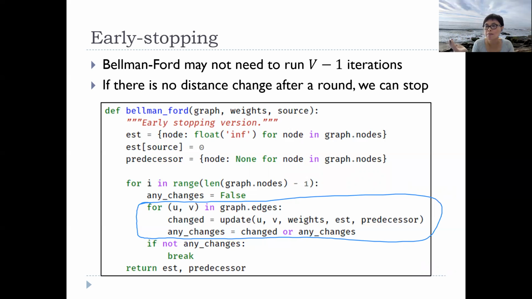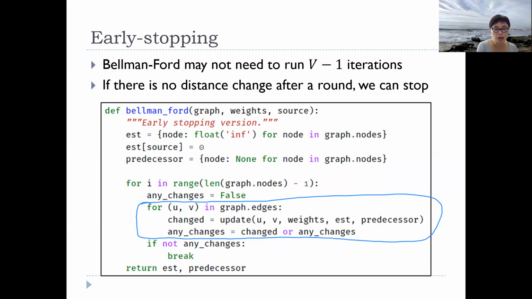The update is no longer improving; you already found the correct shortest path distance to all of them. In this case, you can terminate the algorithm early.